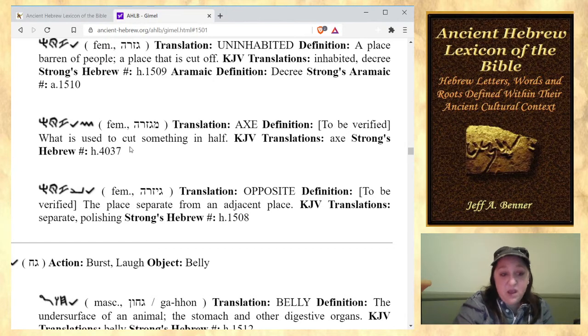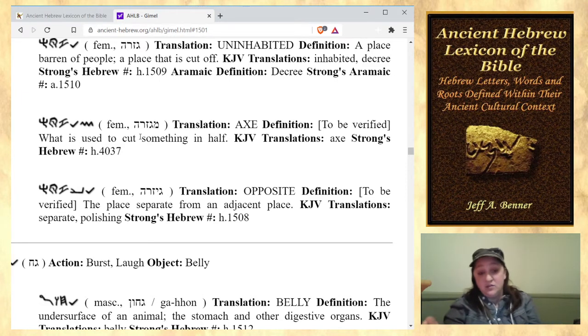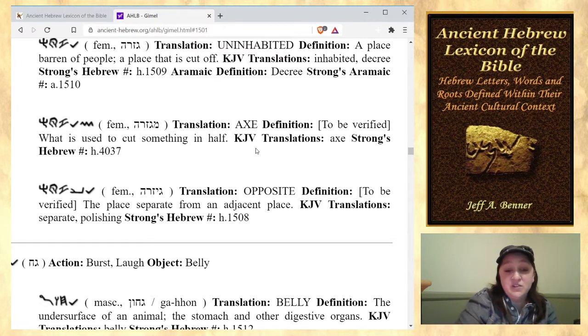H4037. This is what an entry is going to look like. So this is your Strong's number, and you can see the pictographs right here. So this is that pictograph Hebrew. It's going to show you the modern way that the Hebrew would be seen today. It's going to give you a translation.